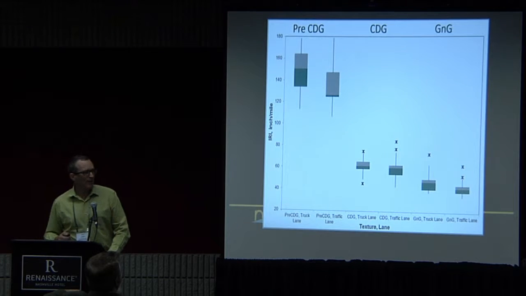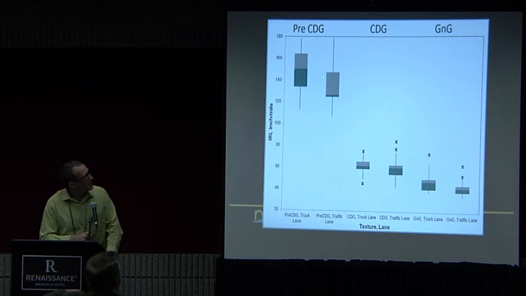The other thing that I was really impressed by is our IRI change, and these are inches per mile. These sections weren't that rough when they started, in the 120 to 160 range. Conventional diamond grind gives us most of that drop in IRI.